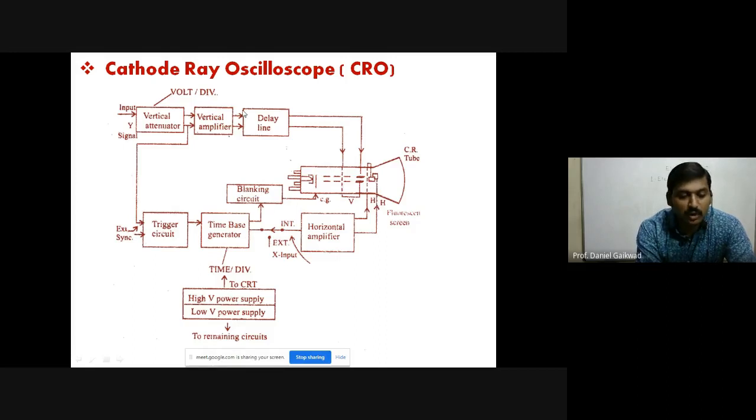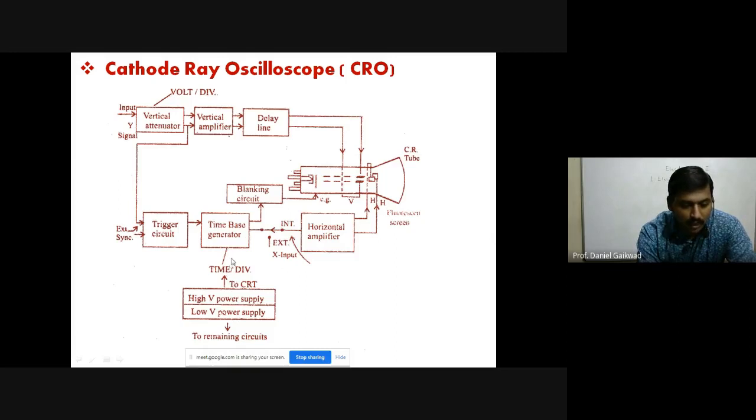So one signal is connected to the vertical deflection plates and the second to the horizontal deflection plates. These plates are arranged horizontally and deflect the beam vertically, and the other plates are arranged vertically and deflect the beam horizontally. So there are two assemblies here, vertical assembly and horizontal assembly.